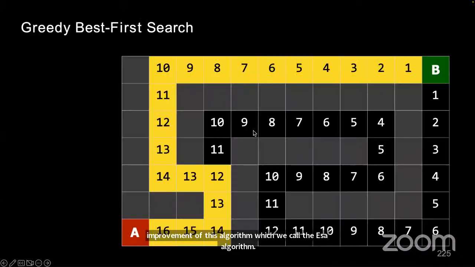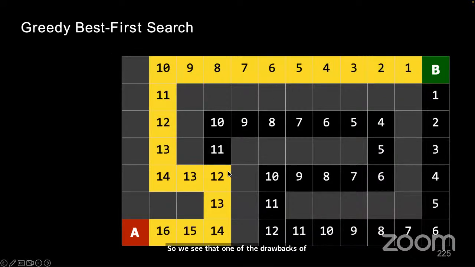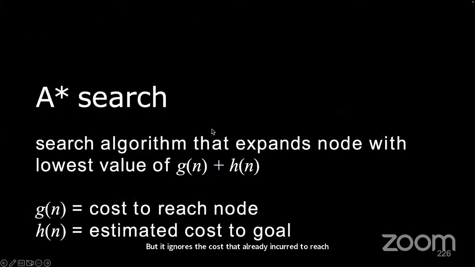One of the drawbacks of greedy best first search was that it only considered the heuristic value to judge which state should be explored next, but it ignored the cost already incurred to reach a particular state. So while designing A-star search, we make sure that it uses more information than greedy best first search.